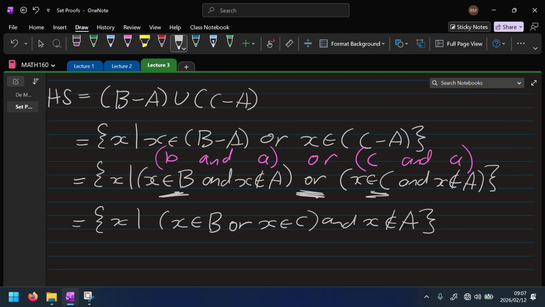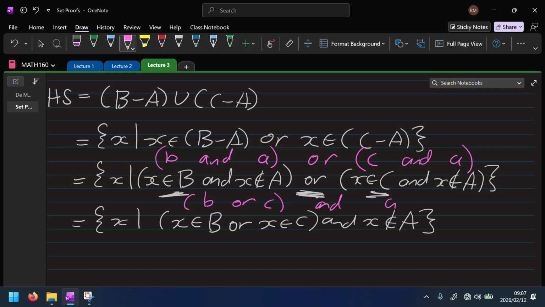We have an A over here, we have an A over here. We took it out to the side. So we can rewrite it in pink again. So this is B or C, and A. That's exactly the distribution law.